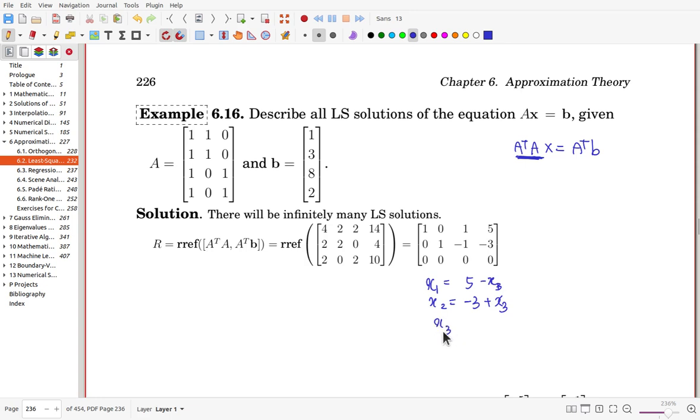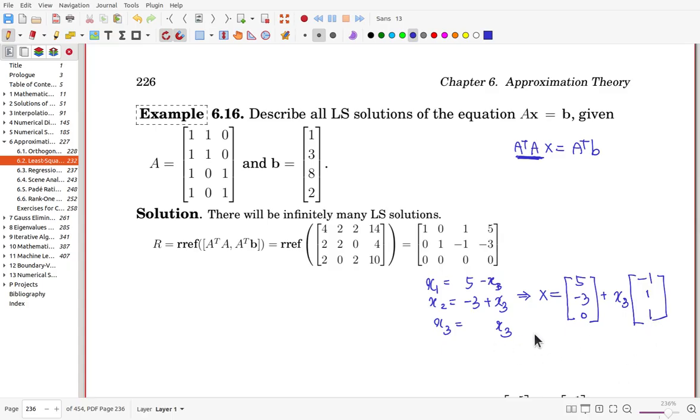Here x3 is a free variable, so you can write x1, x2, x3 as a constant vector, 5, minus 3, and the final component is 0, plus x3 times the column minus 1, 1, and 1. You can choose x3 arbitrarily. So we recheck this one.